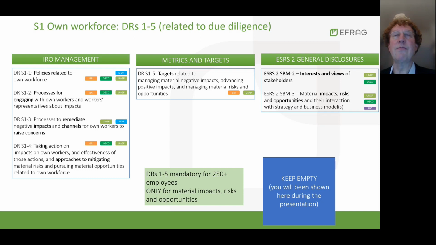And this standard also covers general disclosures covered in ESRS 2 on interests and views of stakeholders and material impacts, risks, and opportunities. So these disclosure requirements are mandatory for all undertakings with at least 250 employees, and they cover material impacts, risks, and opportunities.